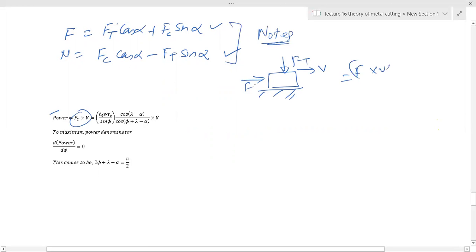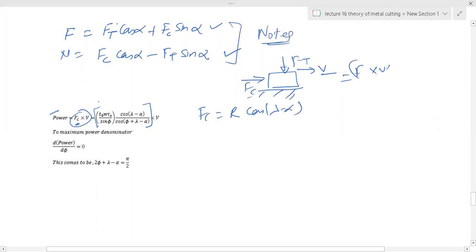So this is our thrust force, this is our cutting force. Velocity and cutting force are parallel. This is your FC. We have already estimated that FC is equal to R cos(lambda minus alpha).